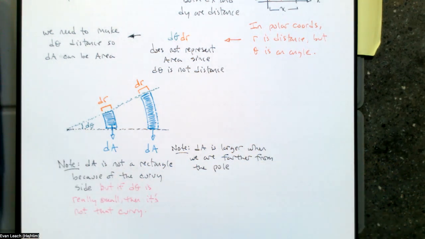So that's what we want to observe, is that dA is larger when we are farther from the pole.